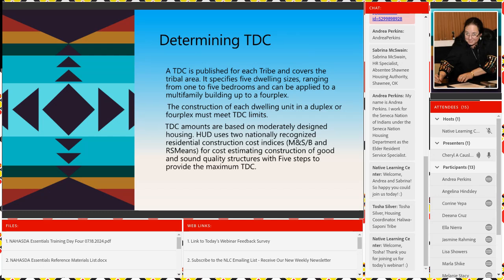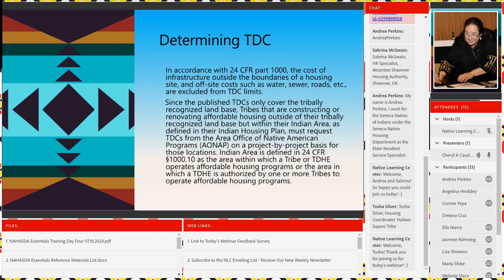The TDC amounts are based on moderately designed housing. HUD uses 2 nationally recognized residential construction cost indices, the M and SB, residential construction cost indices. RS Means for cost estimating construction of good and sound quality structures, with 5 steps to provide the maximum TDC.